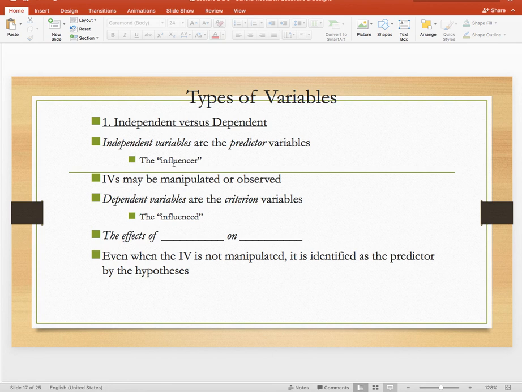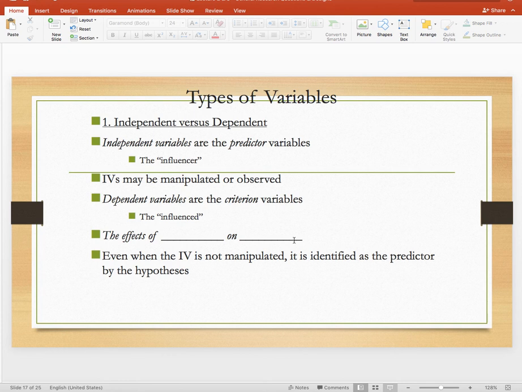Now, one of the easiest ways for us to always make sure that we understand what the relationship is between an independent variable and a dependent variable and which one is which within our research study is really easy using the following sentence. The effects of the independent variable first on the dependent variable second. We always talk about it in this particular fashion.